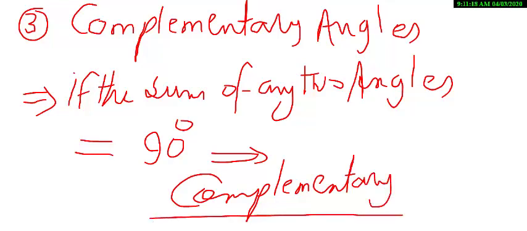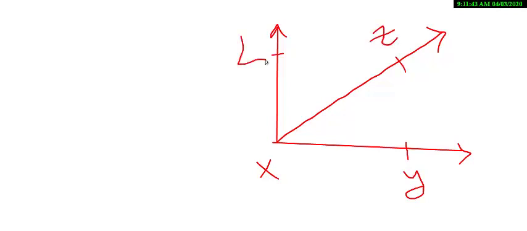We need to have a sketch for that. So, for example, if I have two angles, this is X, Y, Z, and this is L, for example, angle number 1 and angle number 2.